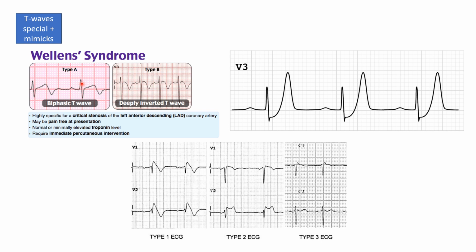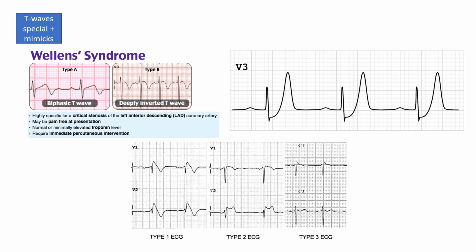Another special mimic is the Wellens wave. The Wellens wave is this biphasic T wave, I think in V1, V2 precordials, where you have up and then down, and this entire thing can be pulled a bit down so that it's a type 2 where you almost don't see the up part but you see the down part.